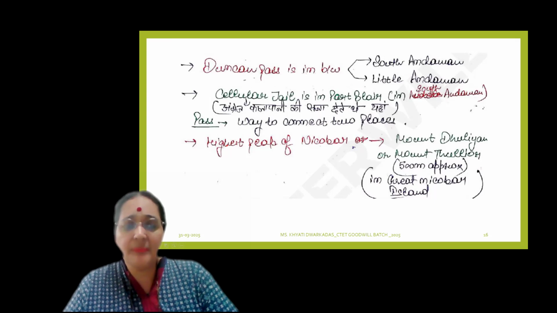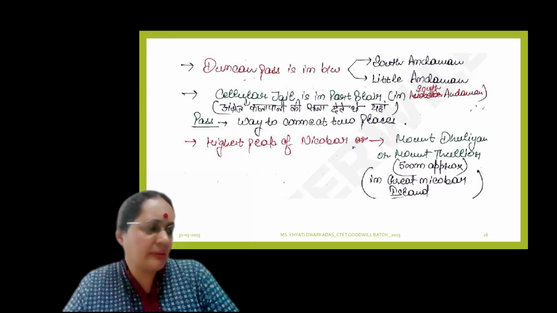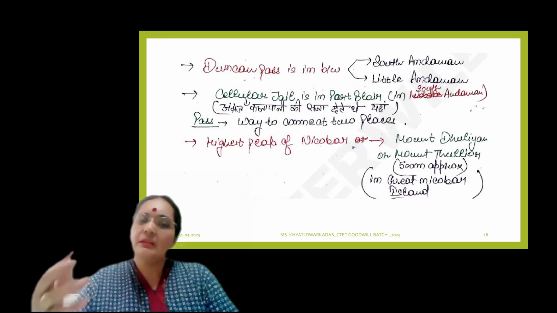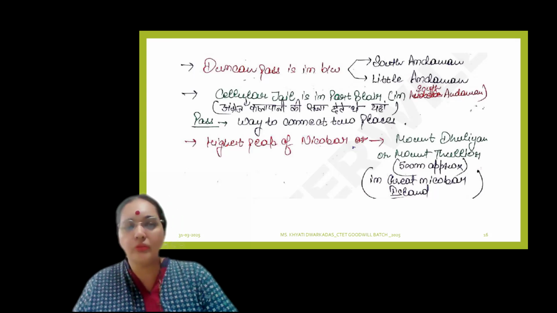The highest peak of Nicobar is Mount Thullier or Mount Dhulian, approximately 500 meters, in Great Nicobar Island. You need to know the name Dhulian, that is more important. The other name is not as prominent in CBSE, but Mount Dhulian you need to know.